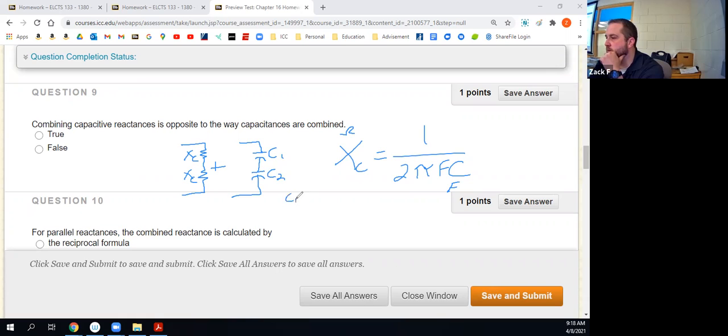So this would be C1 times C2 divided by C1 plus C2. Make sense? So combining capacitive reactances is opposite to the way capacitances are combined.